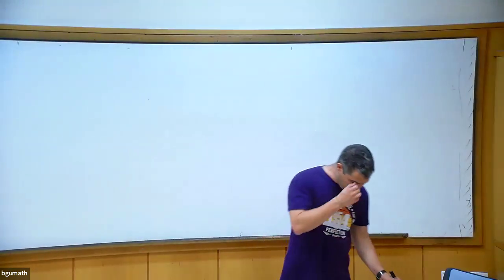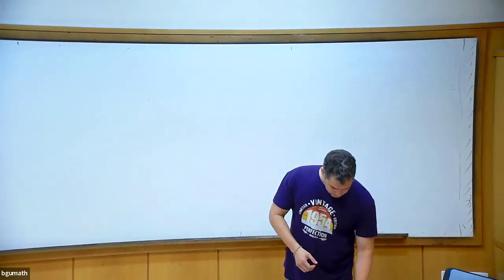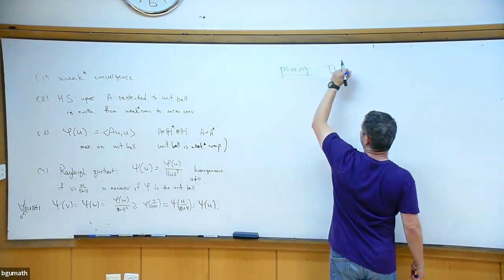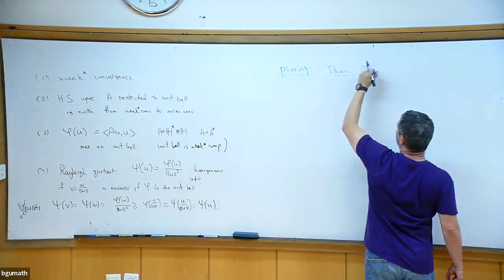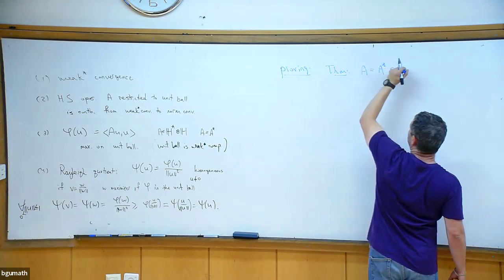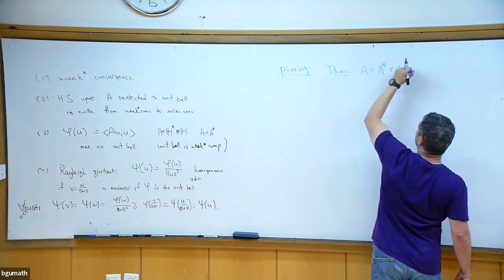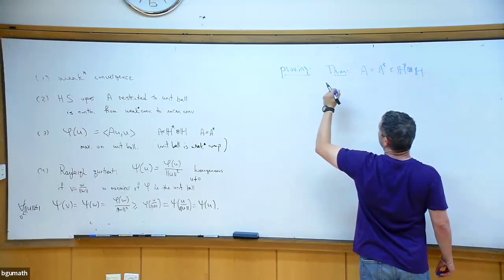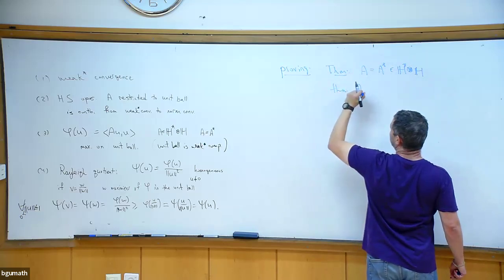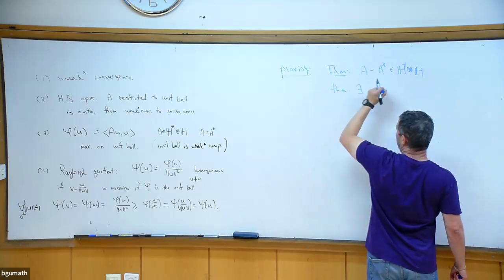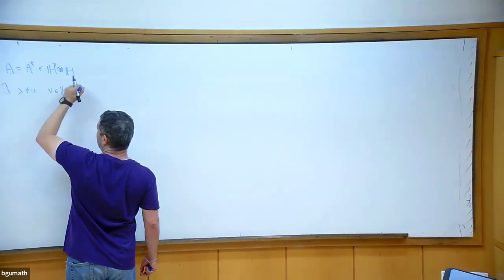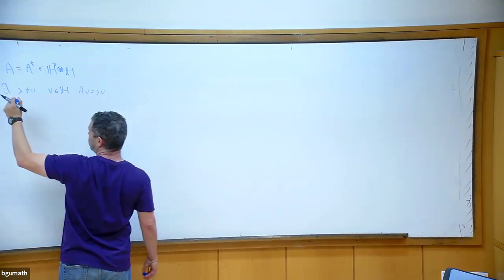And remember what we're trying to prove. We're proving a theorem. If A is a self-adjoint Hilbert-Schmidt operator, then there exists a non-zero lambda and a non-zero V, of course, such that AV equals lambda V. Okay, this is a scalar.